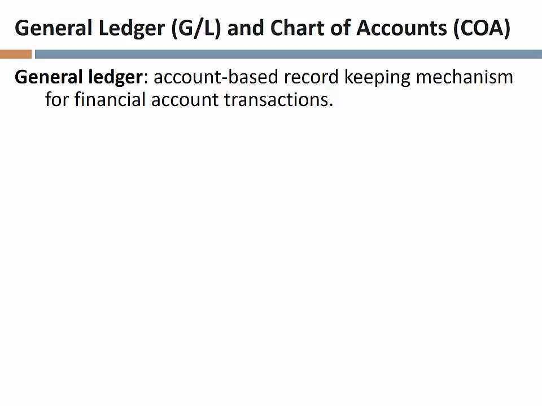What is a general ledger? A general ledger is an account-based record-keeping system that we use to keep track of all of our financial accounting transactions.